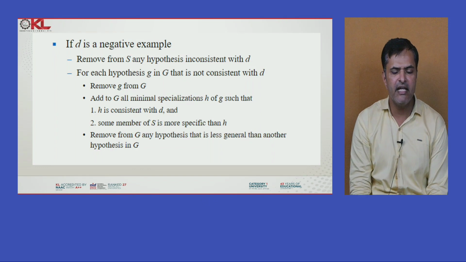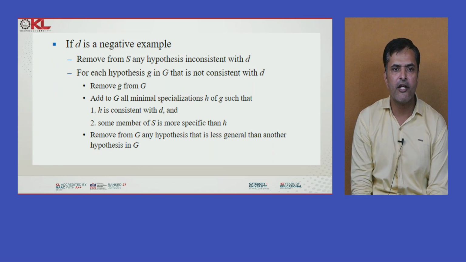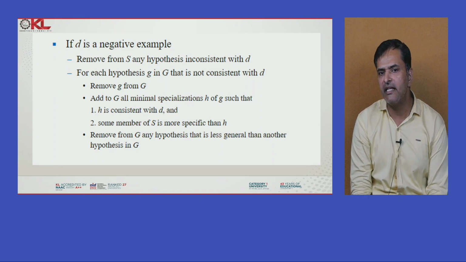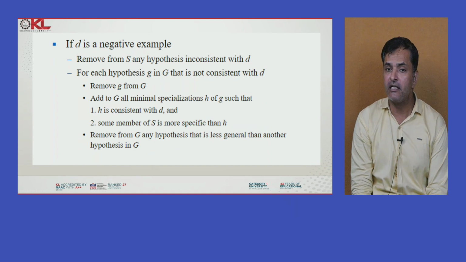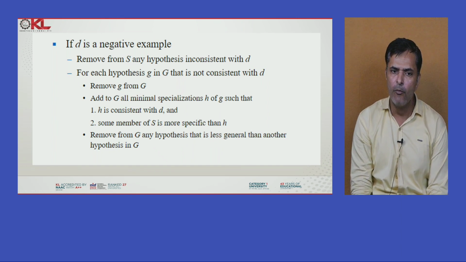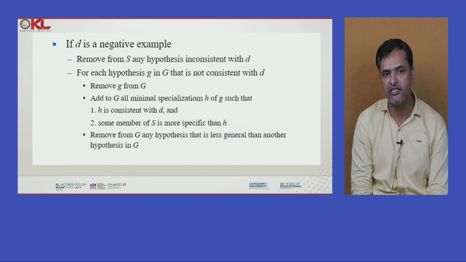If D is a negative example, remove from S any hypothesis inconsistent with D. For each hypothesis g in capital G not consistent with D, remove g from capital G, and add to G all minimal specializations h of g such that h is consistent with D and some member of S is more specific than h. Remove from G any hypothesis that is less general than another hypothesis in G.